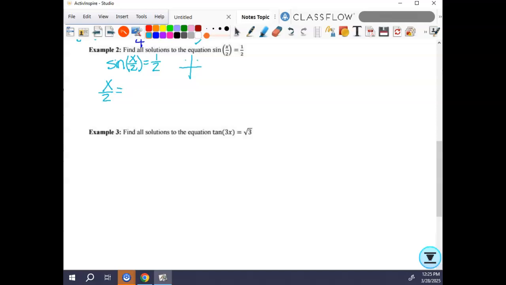That's equal to, all right, what angle gives me a sine value of 1/2? Pi sixths, okay? So I'm at pi sixths plus what? 2 pi k. Yes. And then x over 2 equals, what's my second quadrant angle? 5 pi sixths plus 2 pi k.